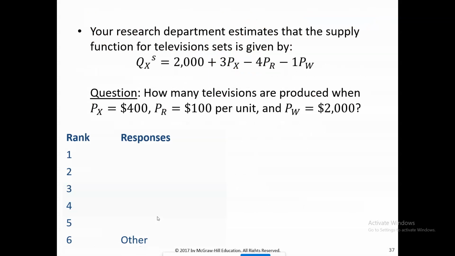Now here's a question. Please pause and come back for the answer. It gives you a mathematical expression for televisions. Television quantity is equal to a constant number, 2000, plus 3 multiplied by price of X, minus 4 multiplied by price of resource input R, minus PW.